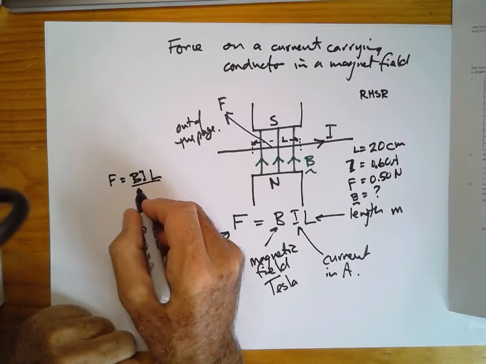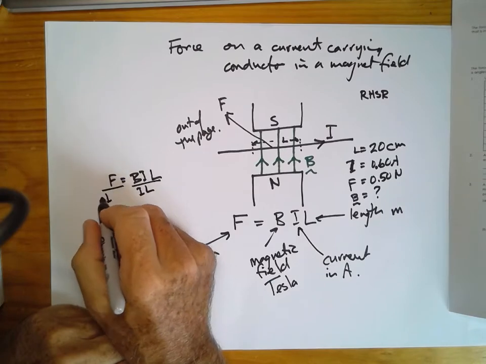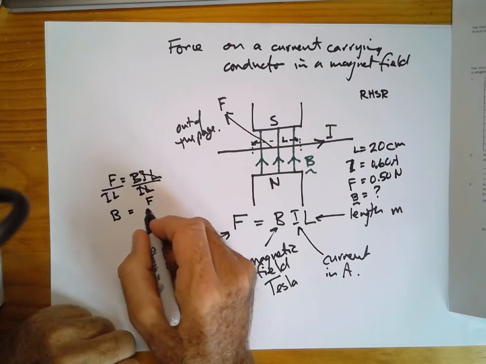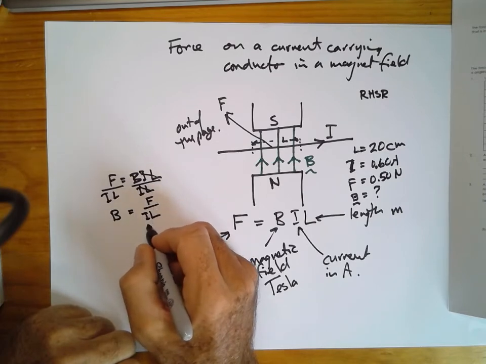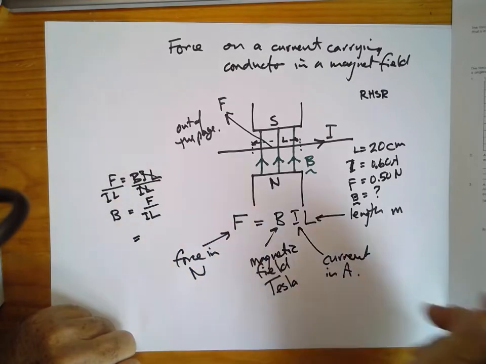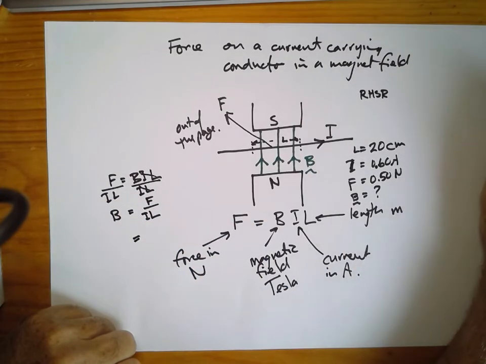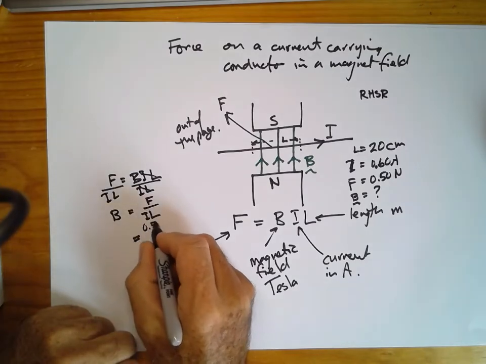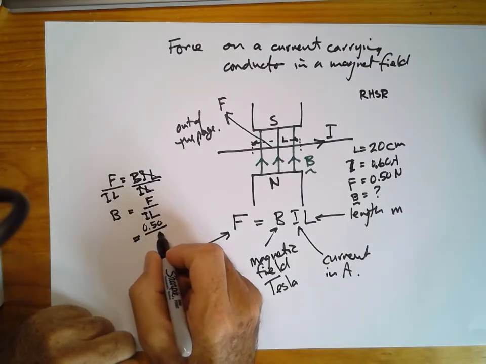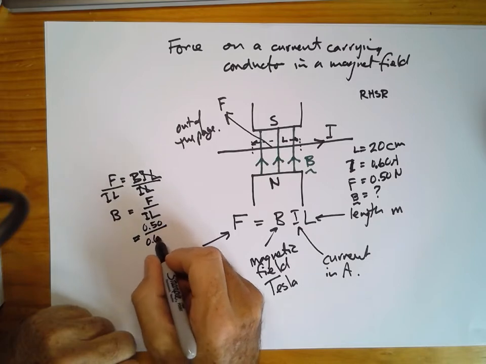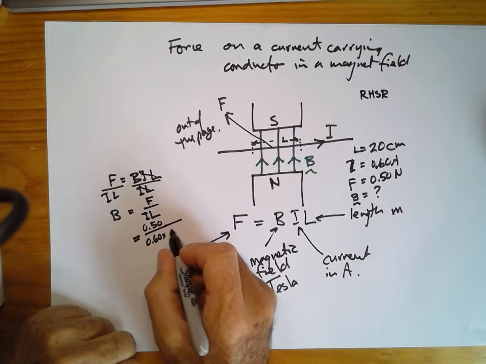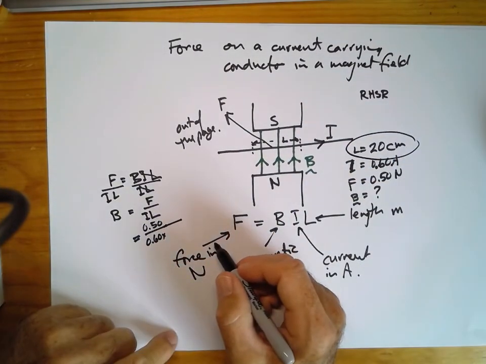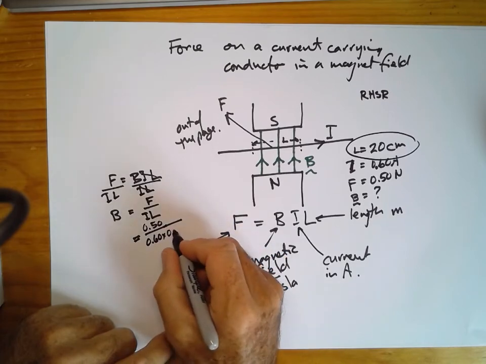Divide both sides by I times L, and we get magnetic field strength equals F divided by I times L, which is equal to 0.5 divided by the current, 0.6, divided by the length, and note the length, 20 centimeters, is 0.2 meters.